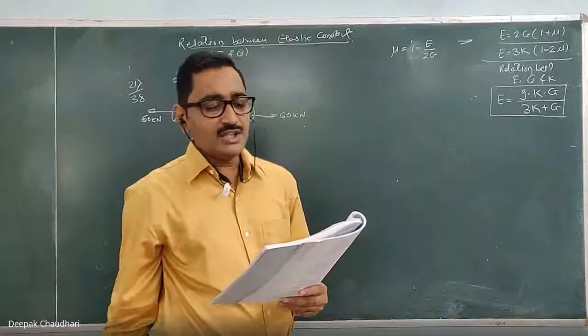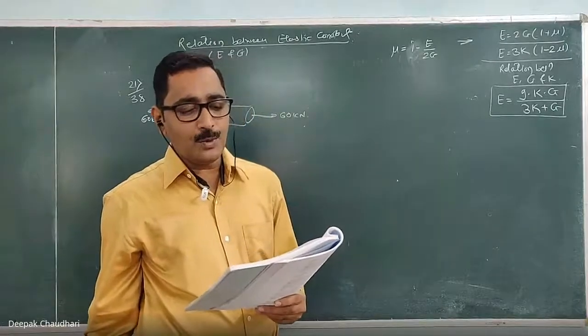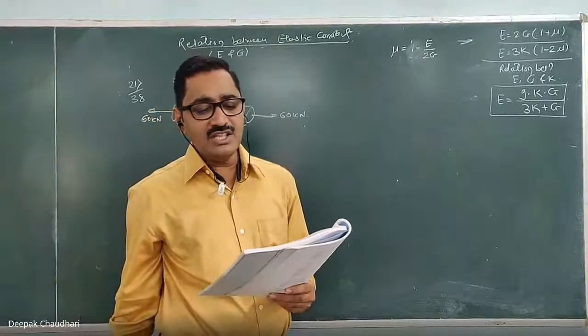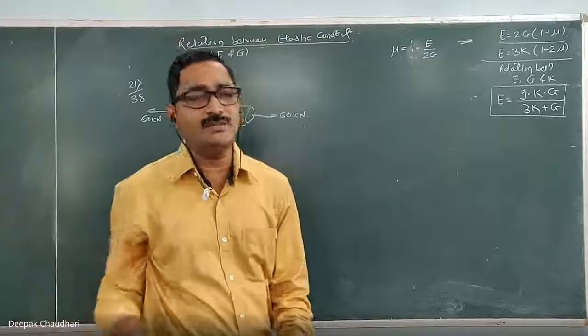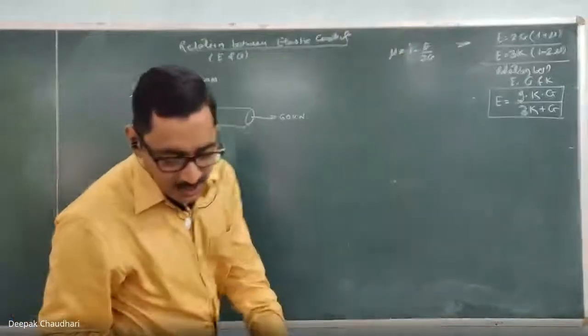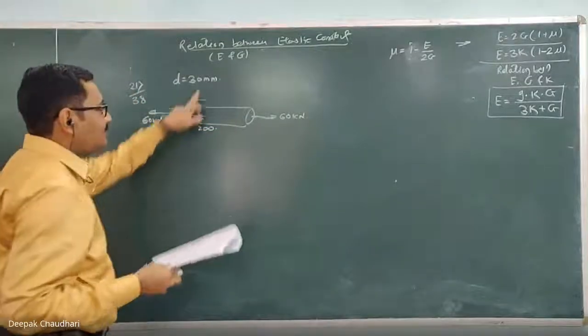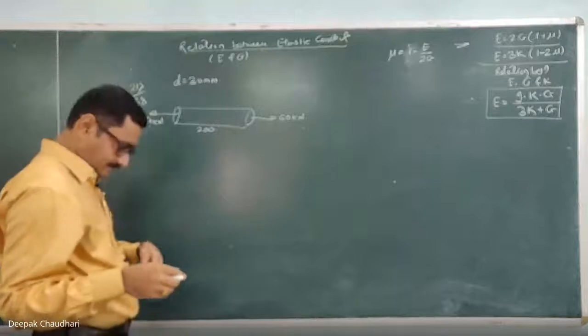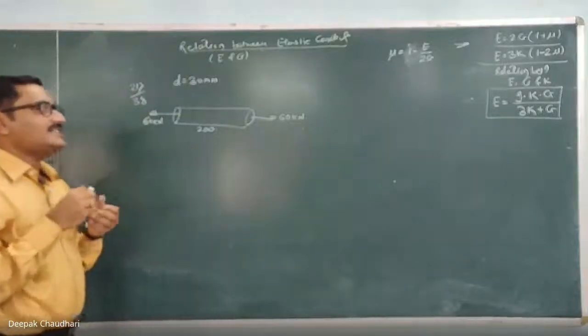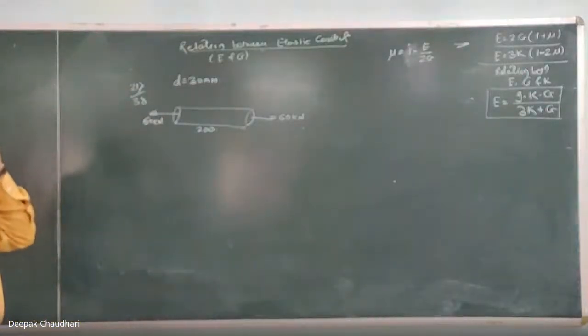The measured extension of the gauge length of 200 millimeter is 0.09 millimeter and the change in diameter is 0.0039 millimeter. Here, the original length of that rod is 200 millimeter. Original diameter is 30 millimeter, and it is subjected to an axial pull of 60 kilonewton.